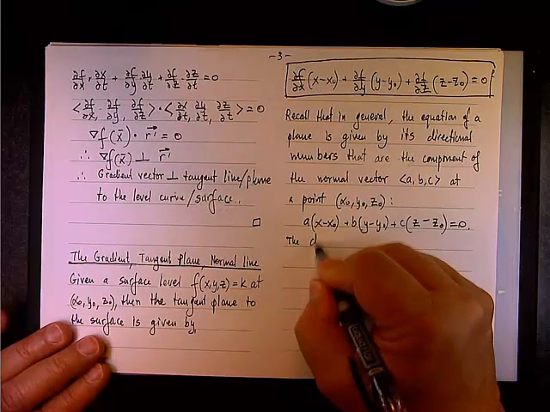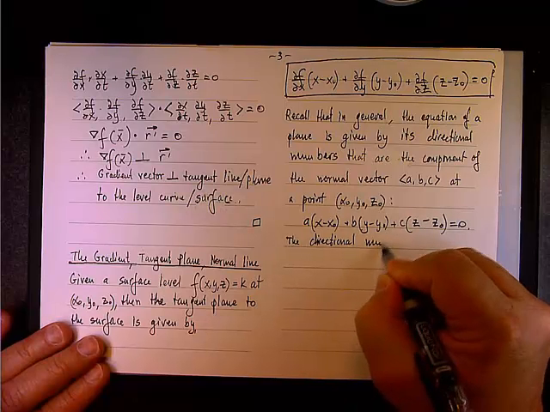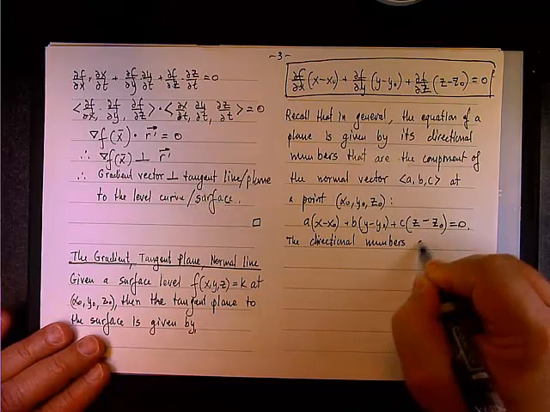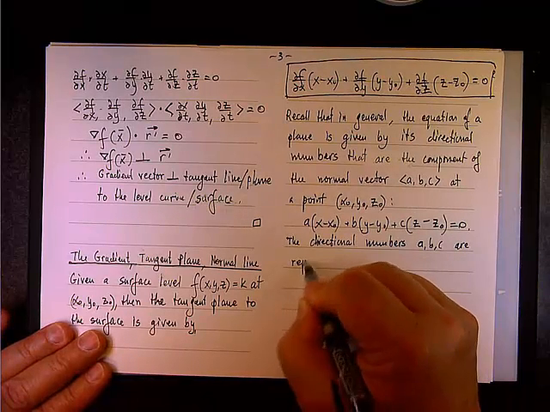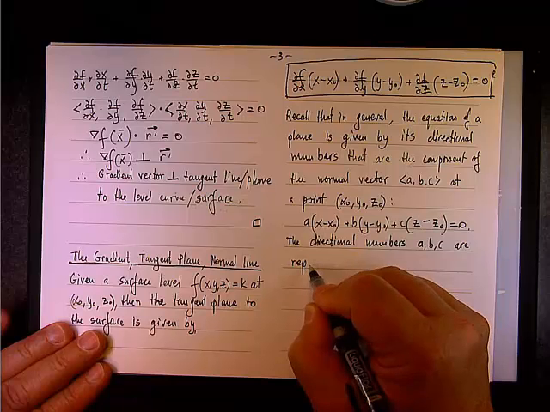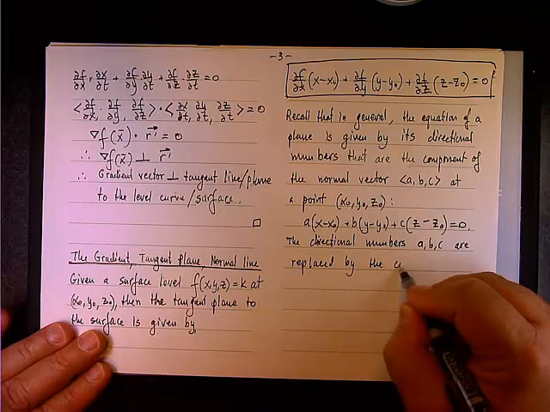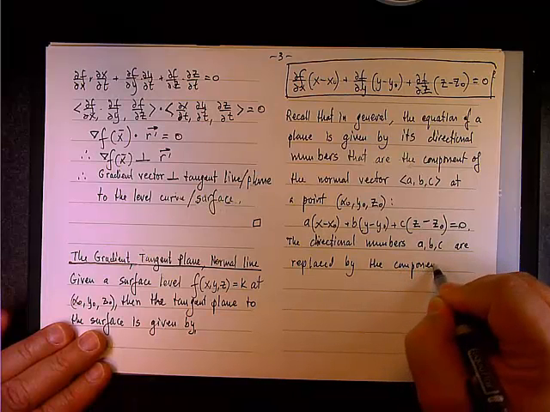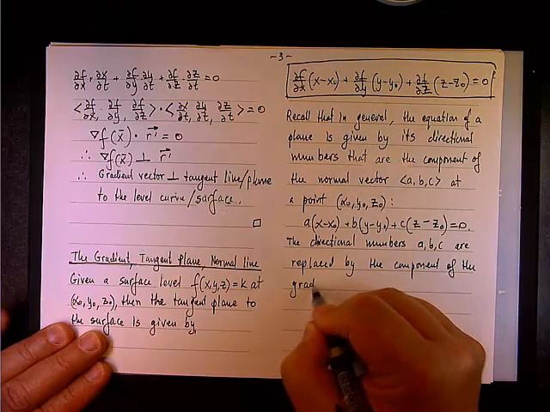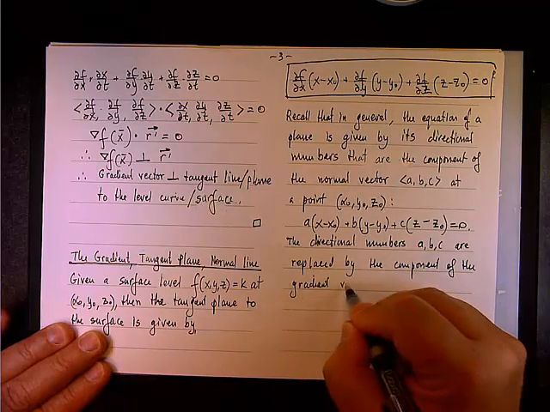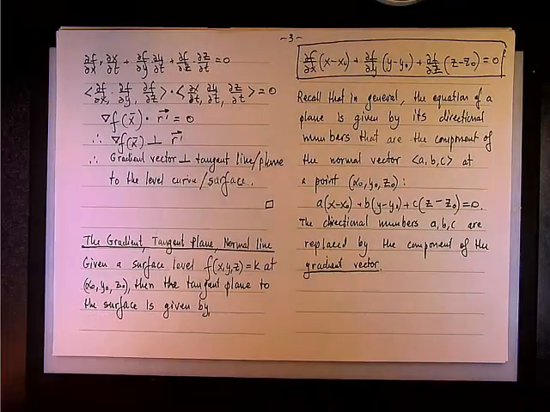Now, if we have a function, we take the gradient and say, okay, those are the direction numbers. So the direction numbers A, B, C are replaced by the components of the gradient vector.